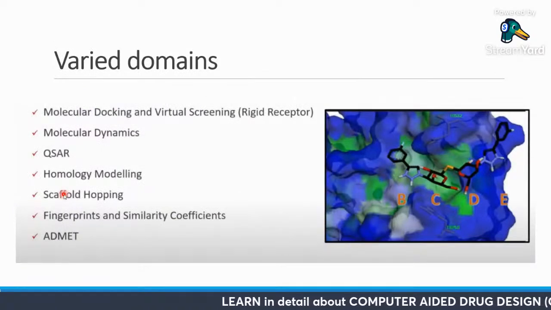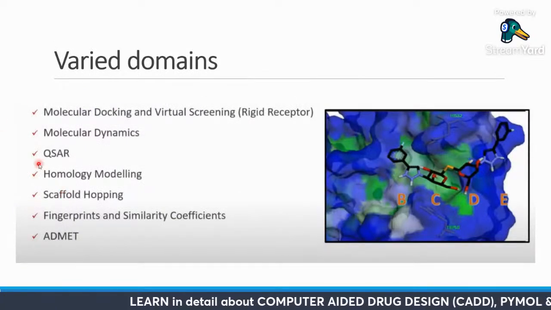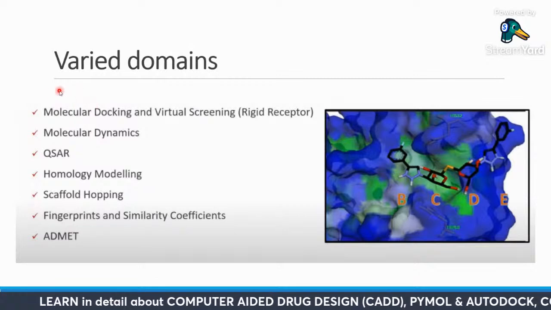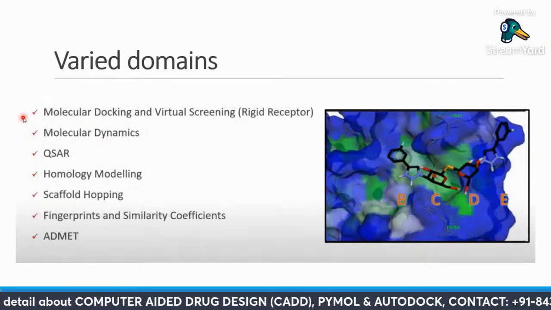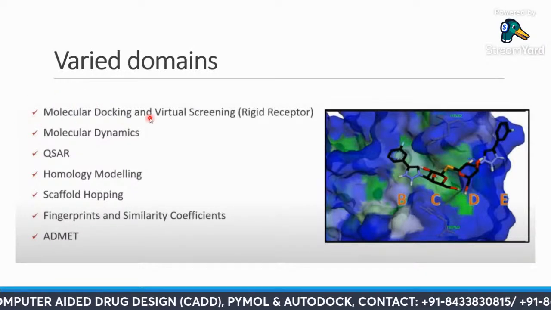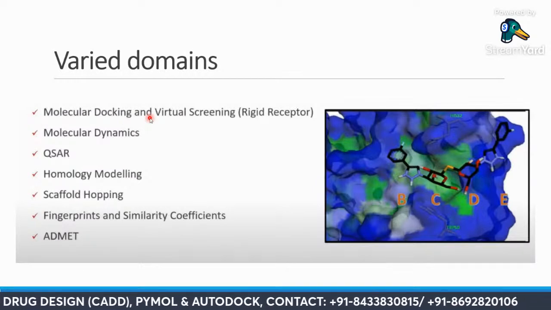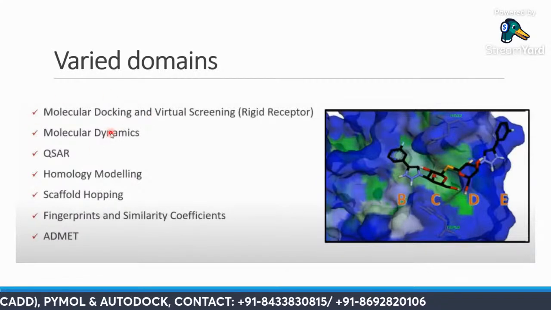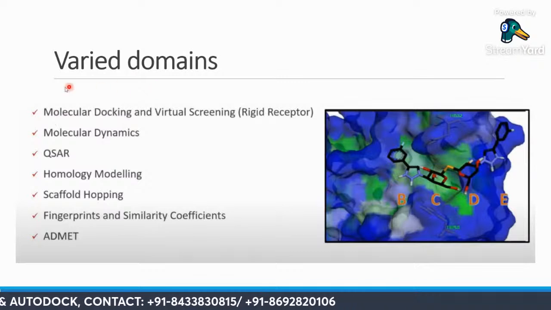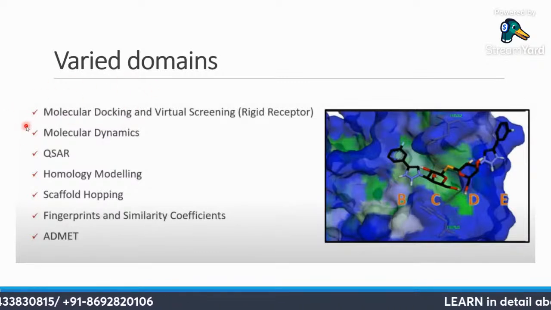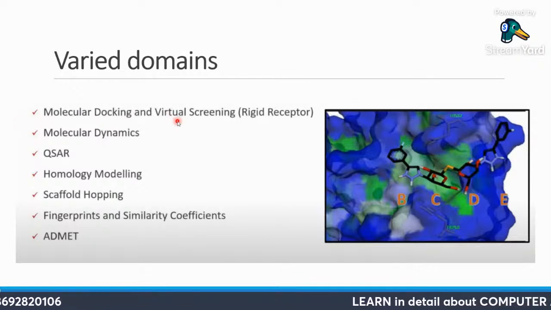Like I said, there are different domains, but most of the importance is given to molecular docking, and at the same time it is also given to molecular dynamics. The majority of the importance is given to molecular docking because it is very, very fast.